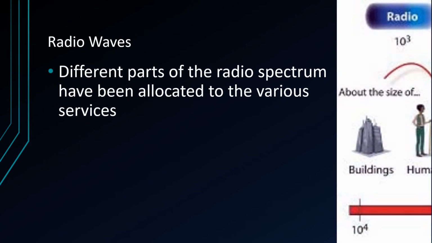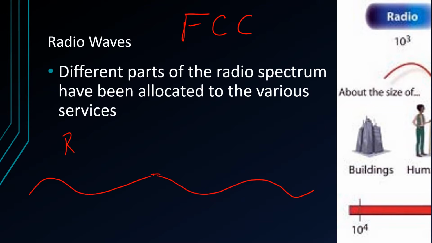Now, speaking of radio stations, different parts of the radio spectrum have been allocated to the various services. This is mostly done by the FCC, which is a governmental agency here in the United States, the Federal Communications Commission. And so what they'll say is, okay, if there's our wave here, radio stations, you can operate between here and here.